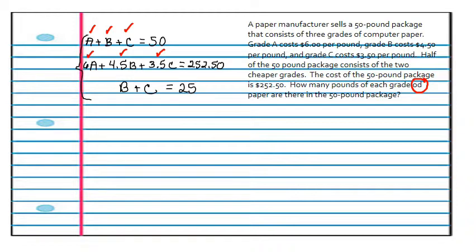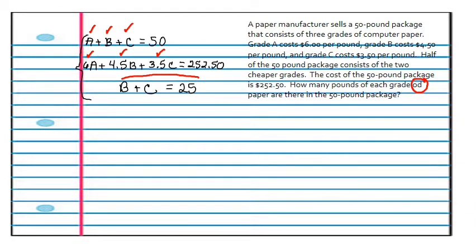And we're also told that if we take grade B and add it to C, it equals 25 pounds, half of the cheaper grades here. So setup's half the battle. After you have the setup, you can do some playing.